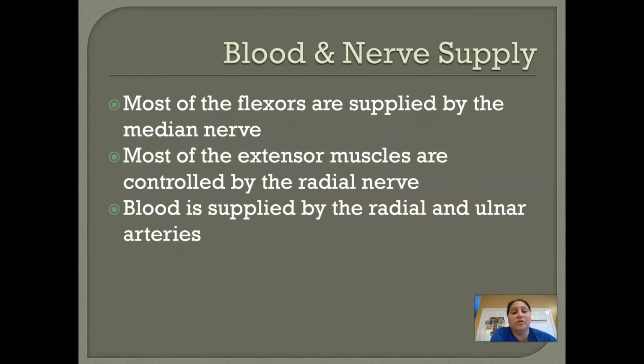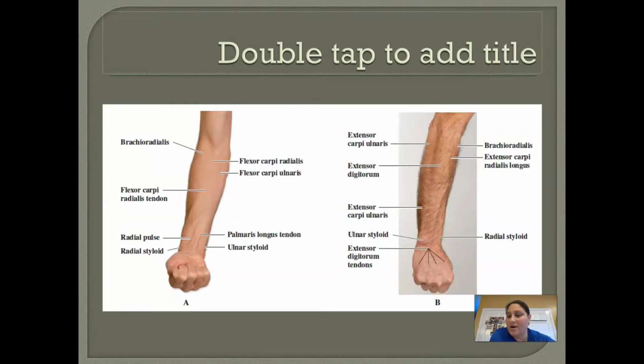So radial and ulnar arteries, the blood is supplied, but if there is some type of breakdown in the nerve or impingement, it's definitely going to affect one side more than the other.